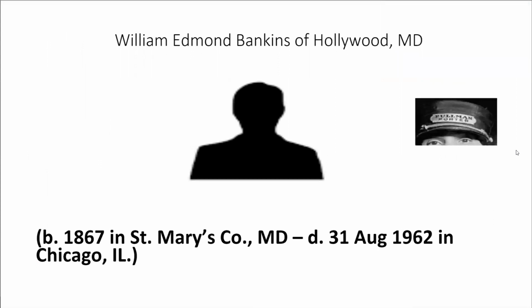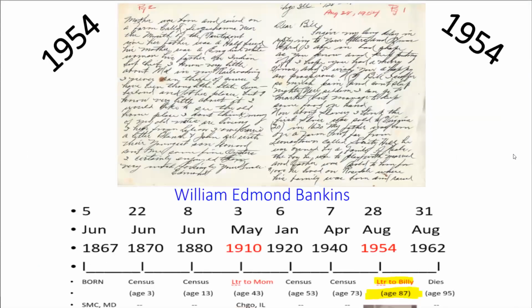And again, by the time we get to 1954, he's 87, and still sounds like he's in pretty bad shape. Perhaps he's been in bad shape for the bulk of this period of time. He ends up passing away in 1962, but he makes reference, in talking to Billy, when he says, forgive me for the long delay in writing you.